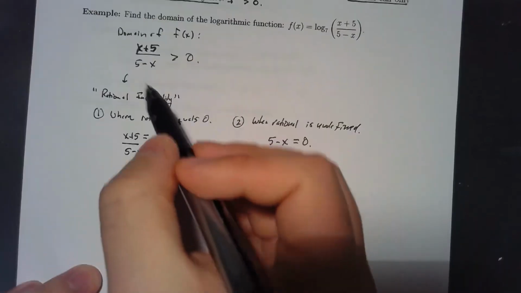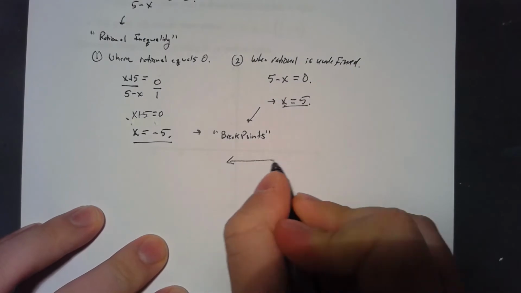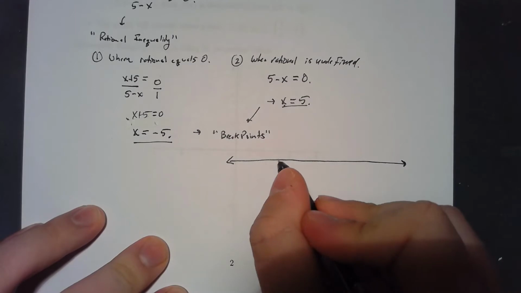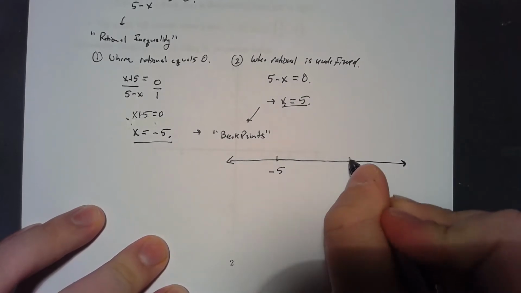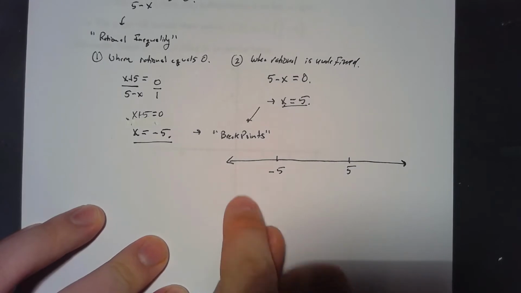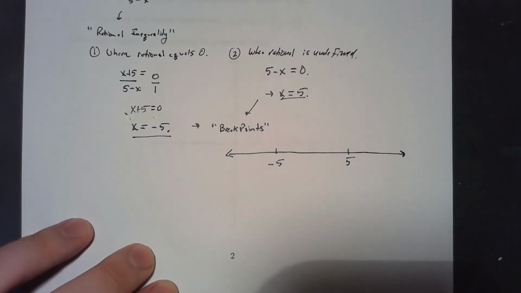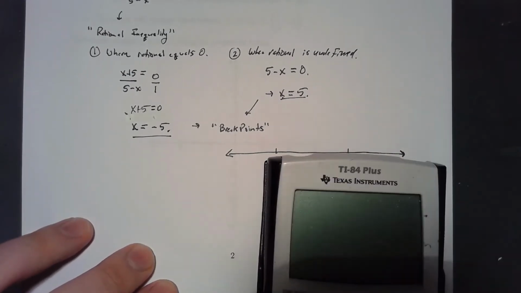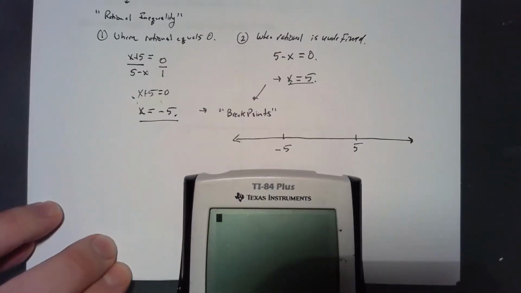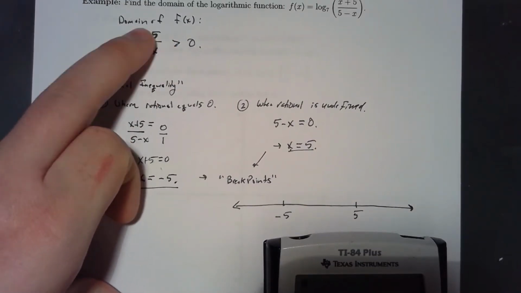So to find where this inequality is positive, we draw our number line. We put the breakpoints on our number line, negative 5 and 5, and then we test the intervals. So there are 3 intervals to test. Pick a value that's less than -5, and put it into this rational term right here.